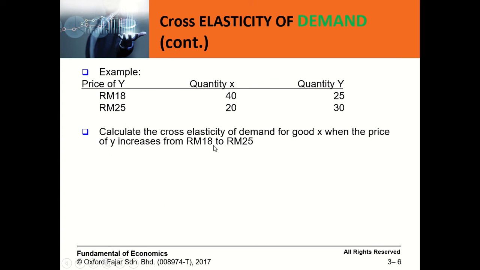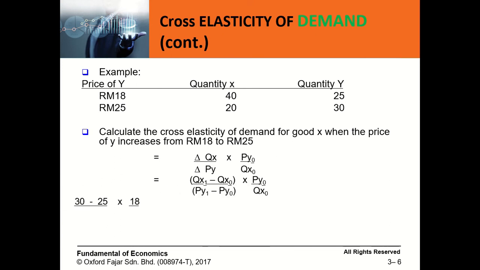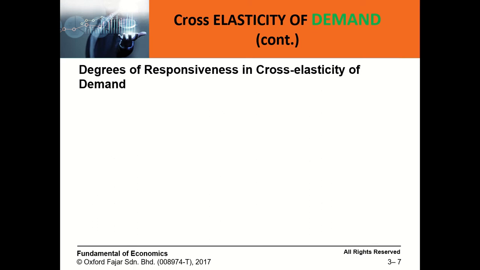The quantity shouldn't be good Y, it should be good X, because it is called cross, there are two goods. Therefore this one would be the new quantity and this one the old quantity. As you calculate that, you will get the result, for example here 0.51. You need to interpret it using the degree of responsiveness in cross elasticity of demand.